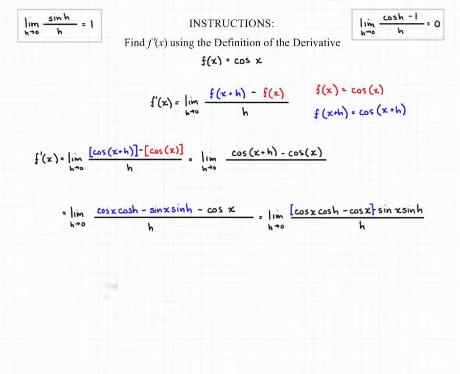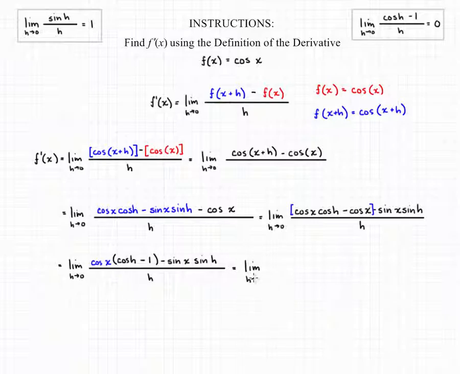And now that we've grouped together those cosines, we can factor out the cosine of x from the two terms that we've grouped. So we're going to have the cosine of x, and that will be multiplied by the quantity, the cosine of h minus 1. And that will be minus the sine of x times the sine of h, all over h.